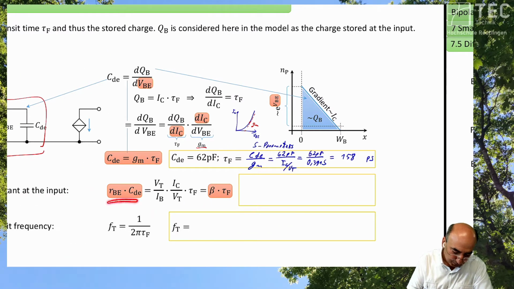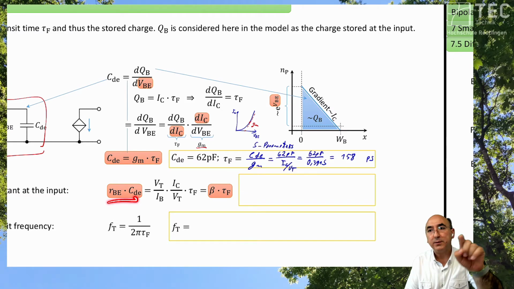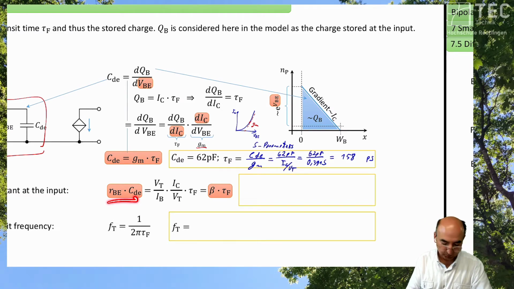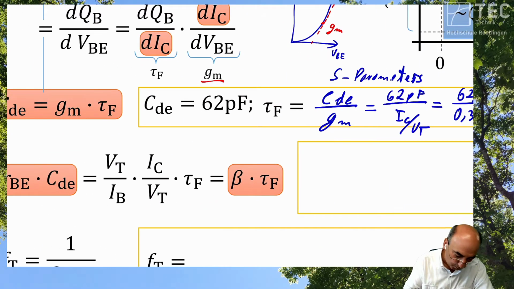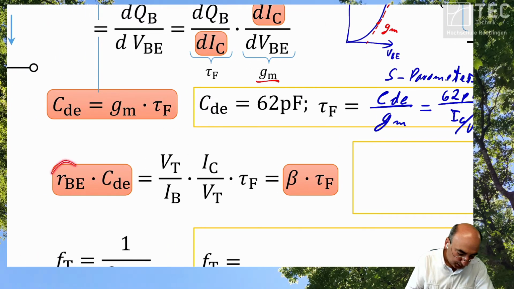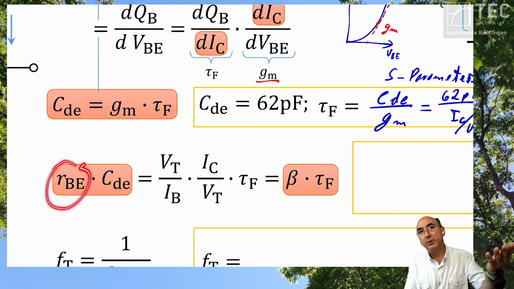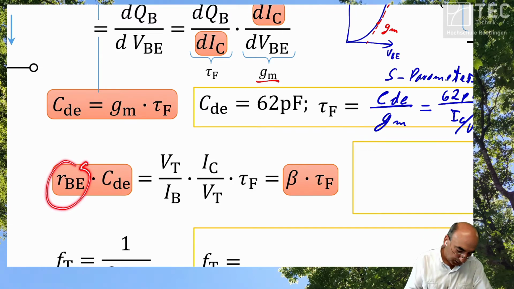What is now the time constant of this transistor at the input? The time constant is, you say RBE, I don't know the operating point.